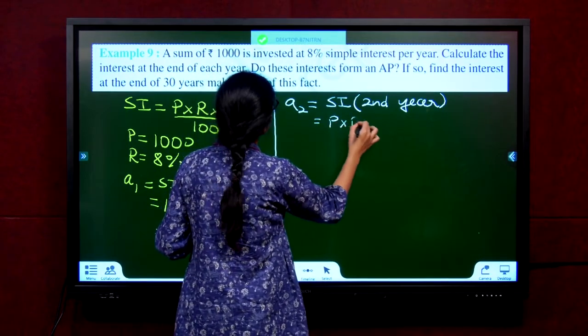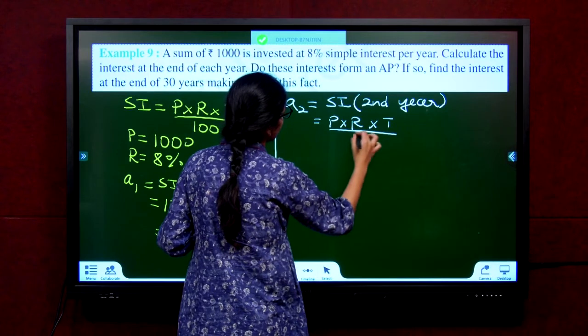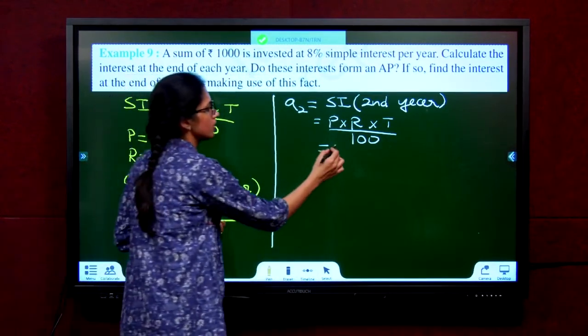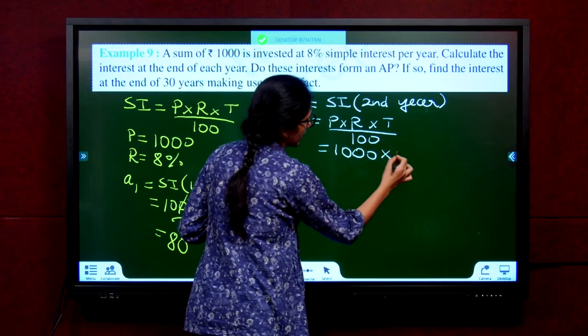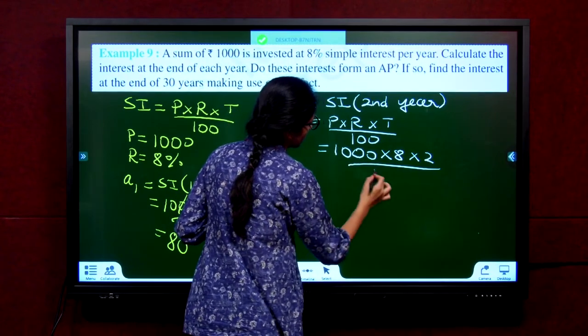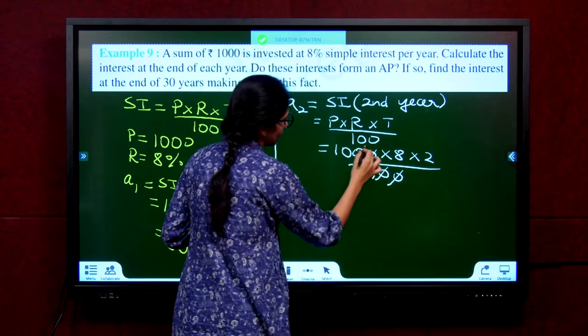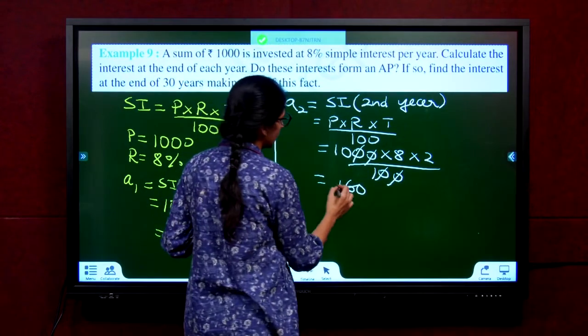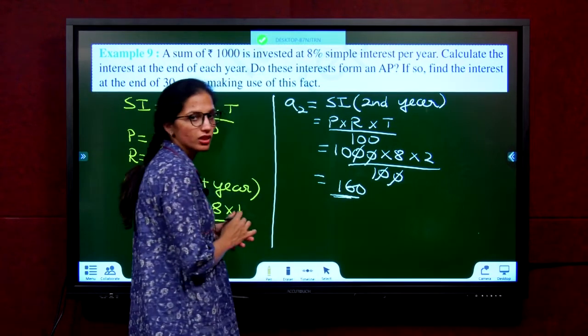P into R into T by 100. P 1000, R 8, T 2, by 100. 160. 10 8s are 80, 2 8s are 160. So 160 rupees is the interest for the second year.